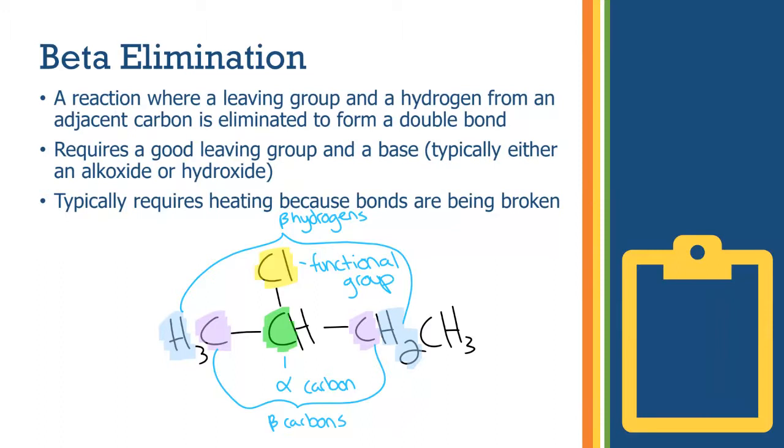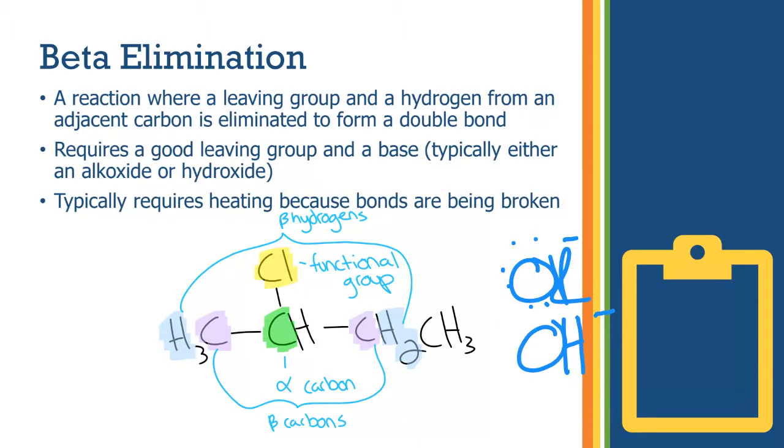Beta elimination requires a good leaving group and a base, and typically you'll either use an alkoxide or hydroxide. So those are the bases you'll typically use. And it requires heating because bonds would be broken. To break bonds, you need to input energy, and that energy will come from heating.